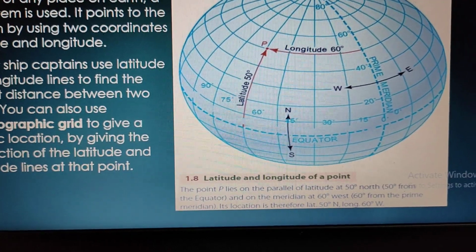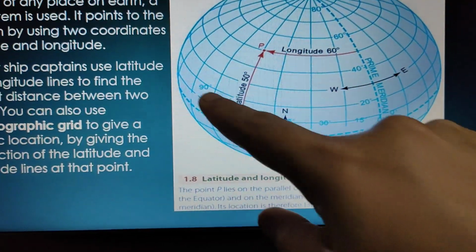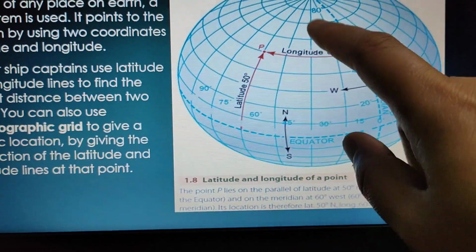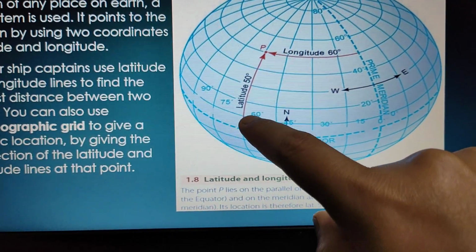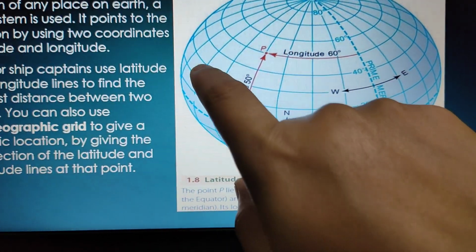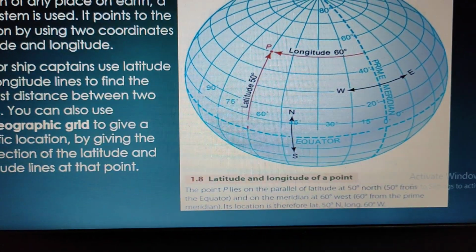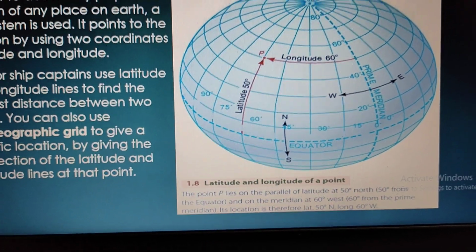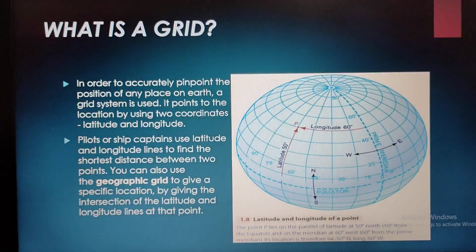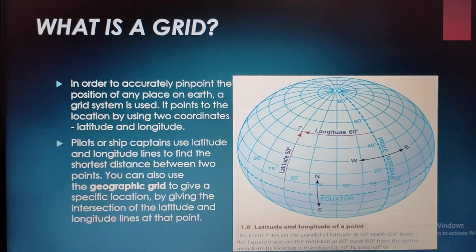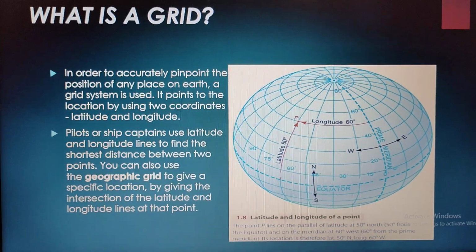And on the meridian at 60 degree. Now this is the meridian, right? This is the meridian intersecting at 60 degree. Why? Meridian measures the distance like this. So it is 60 degree. So it's 50 degree north latitude, 60 degree west longitude. This is how you calculate the position, right?